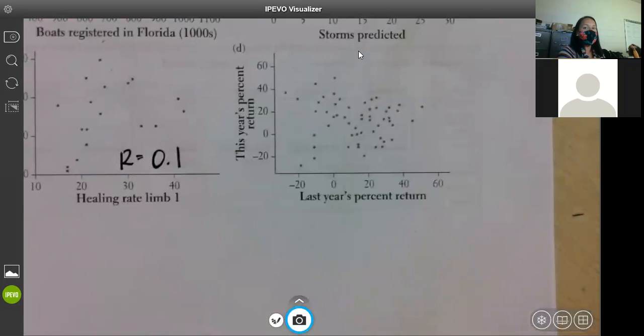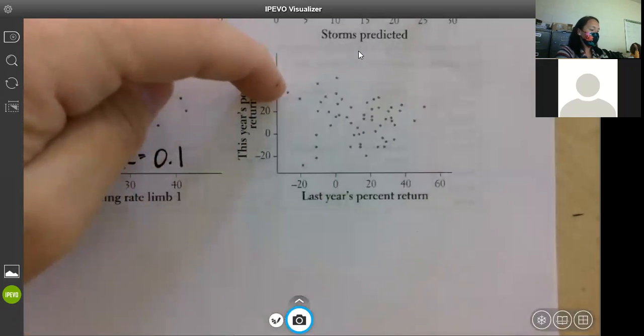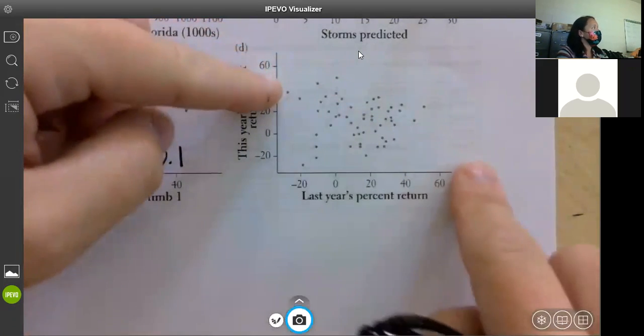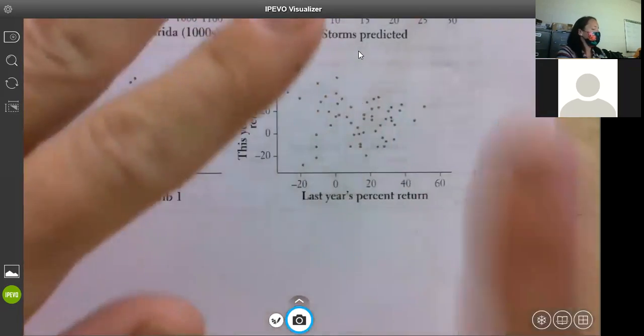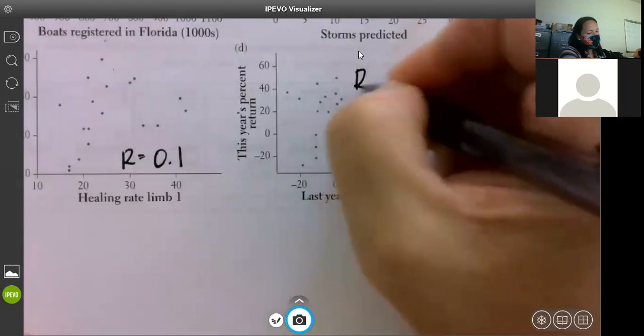The next one, negative. There's no correlation. Actually there is. 0.05. Why do you think it's negative? So we start here and we kind of finish over here. It looks like it's going a little bit negative, but it's really weak. It's hard to tell, right? So give me a good estimate.